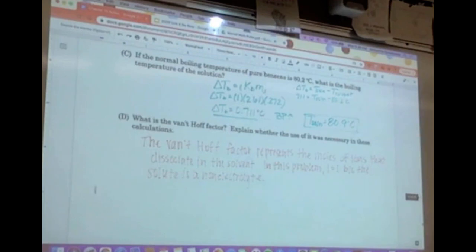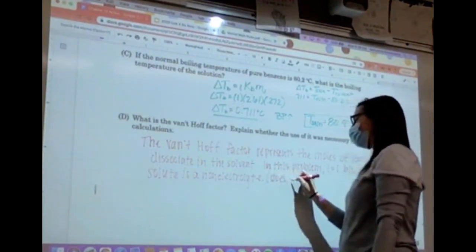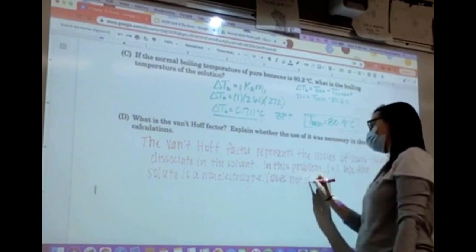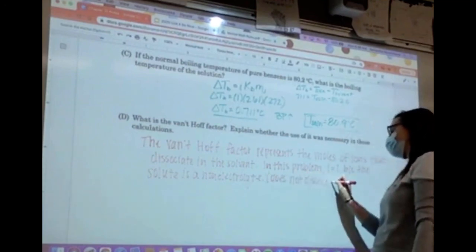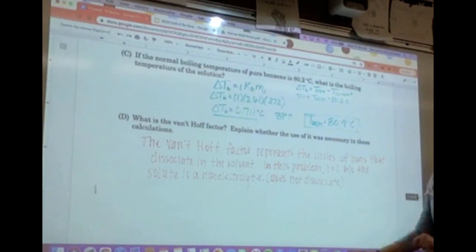That means it doesn't dissociate. So I can put it in parentheses. Non-electrolyte means does not dissociate. It means it stays together. So essentially, i is the number of particles that the solute breaks up into. In the notes, it was on page 11.